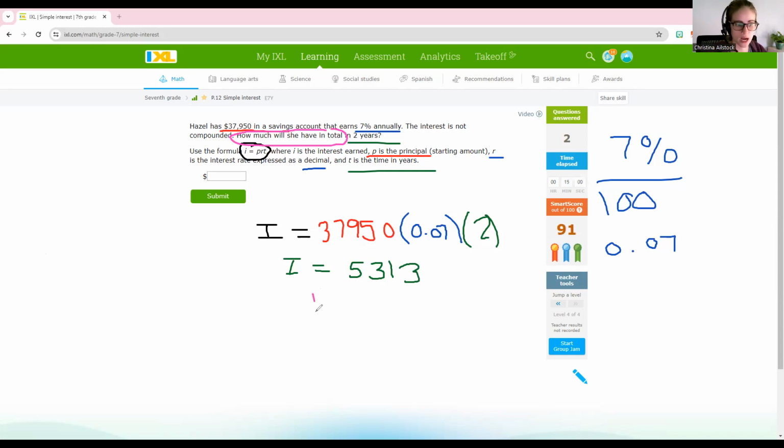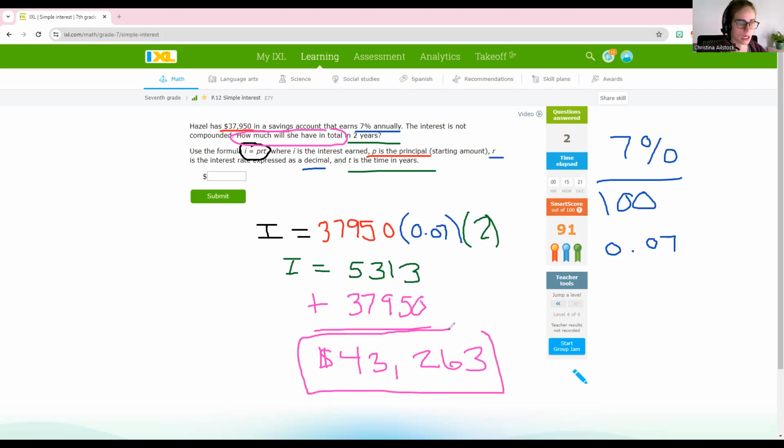So we need the total amount. We're going to add that to what she started with, that original principal, and we will have our final answer, which is Hazel ends up having $43,263 in her savings account.